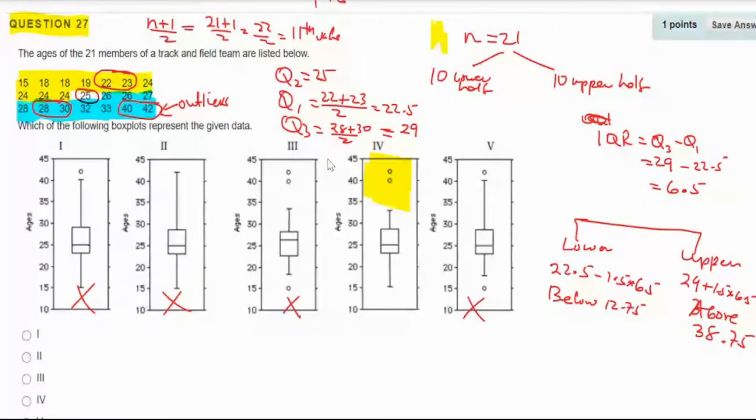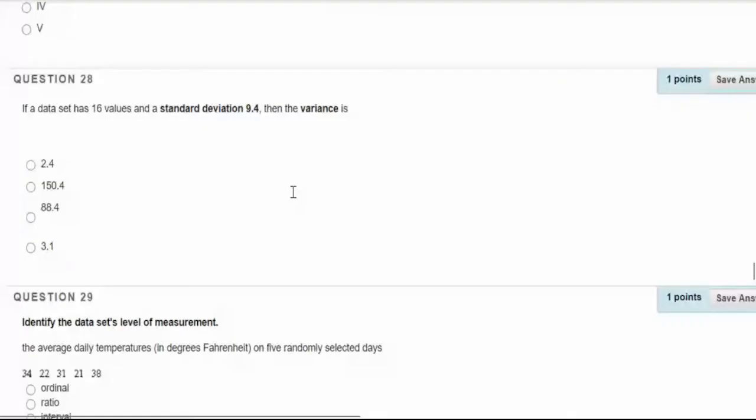Our answer is this beautiful one here. There are two outliers and there was no lower outlier. So this is great. This is a question that takes you through everything that you've done in quartiles. And technically that is the only main hard question in the test.